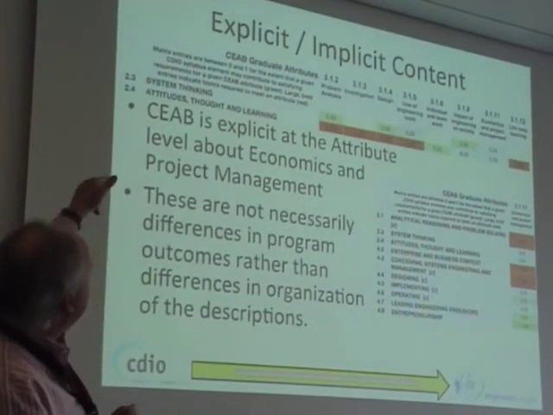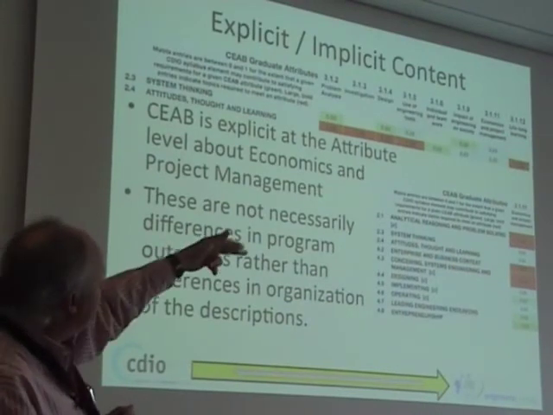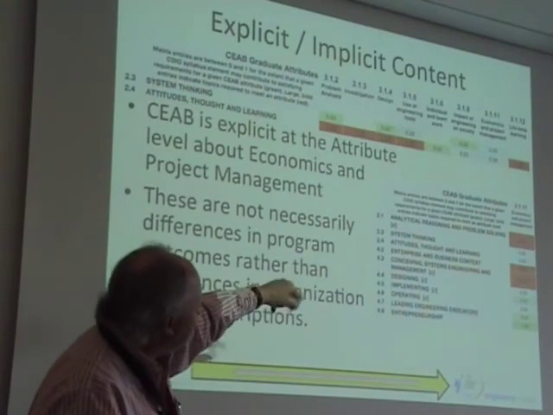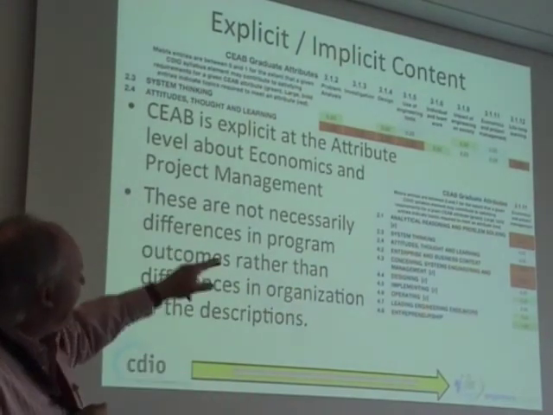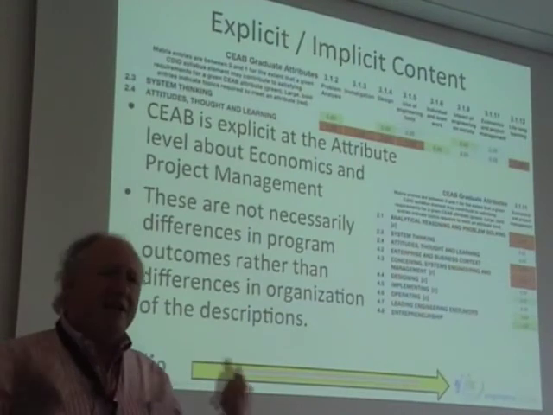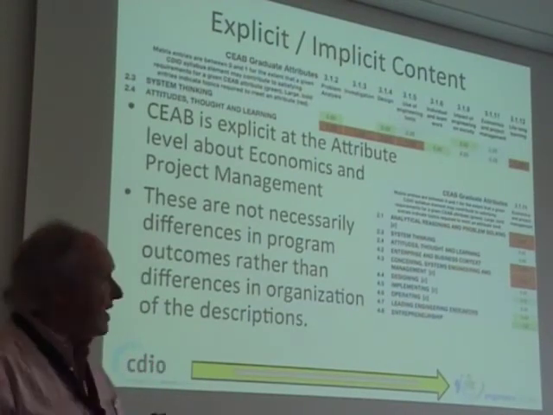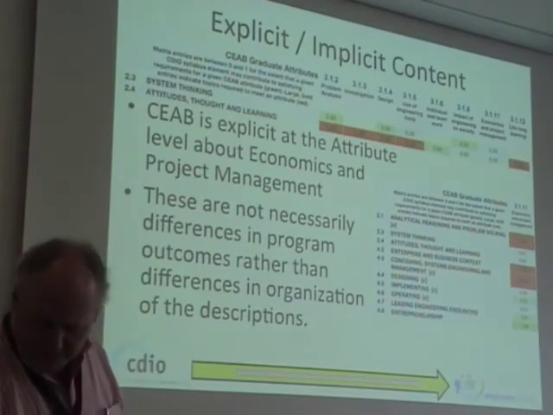CEAB is explicit about economics and project management at the attribute level, whereas it's tucked into a variety of levels in the CDIO. So again, not necessarily differences in program, but differences in organization of these descriptions.